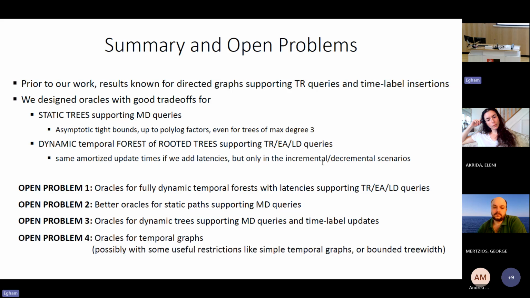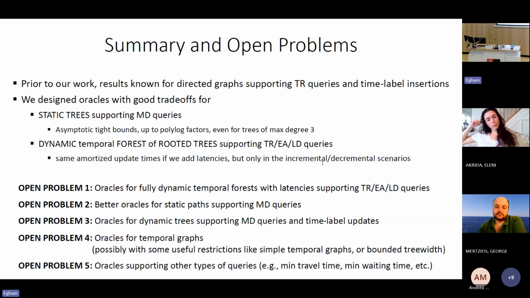In general, you might want to design oracles for temporal graphs, and if this problem might be difficult for you, you might want to consider some useful restrictions, like, for example, considering simple temporal graphs or graphs of bounded tree width, for which probably the approach that we used for the dynamic temporal forest can be extended. We don't know, we haven't explored this scenario.